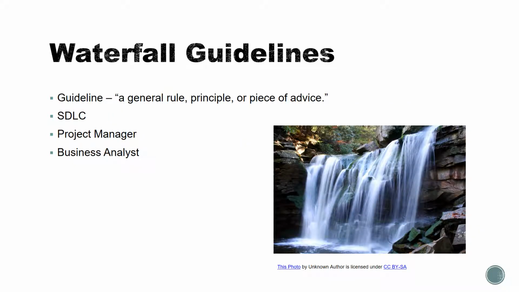So a guideline is defined as a general rule, principle, or piece of advice. To me, that's saying that it's not something that's definite. It's not something that can't be broken or manipulated or changed around a little bit. So as far as SDLCs go, they are still the software development life cycle, but they have a little bit more flexibility in that you can be going through two life cycles at the same time.